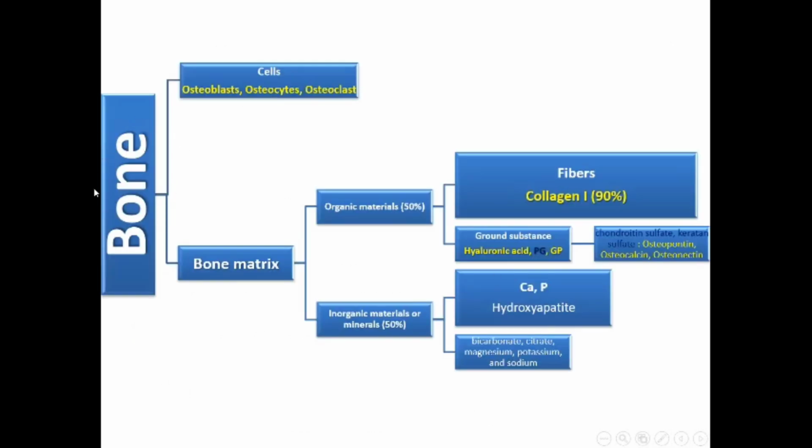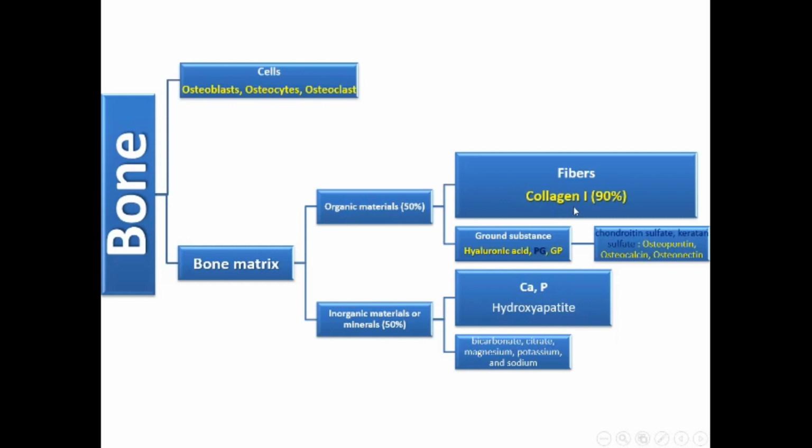Bone, like other tissues, is formed by two components, cell and matrix, but unlike other tissues, bone matrix has two portions, organic materials and inorganic materials, 50% each. Organic material in the bone, because it is connective tissue, is composed of fiber and ground substance.